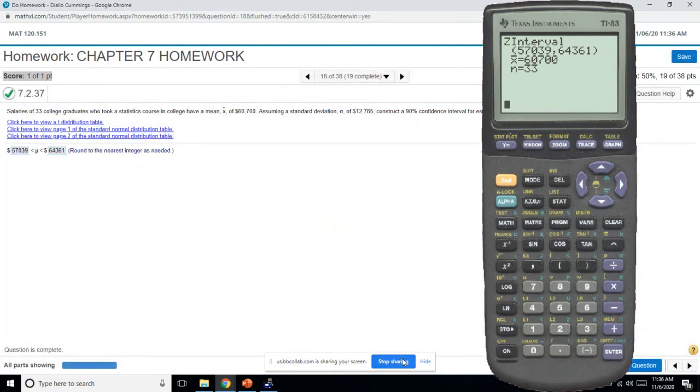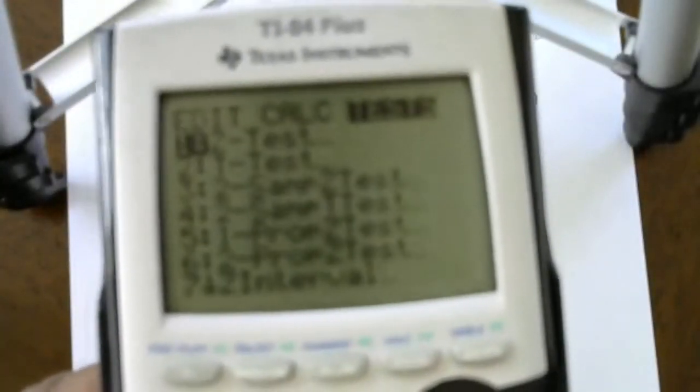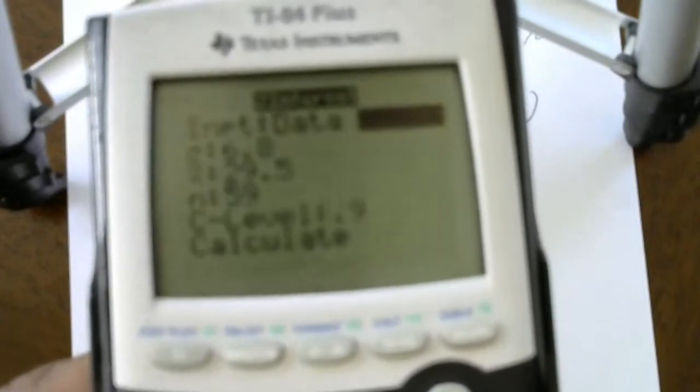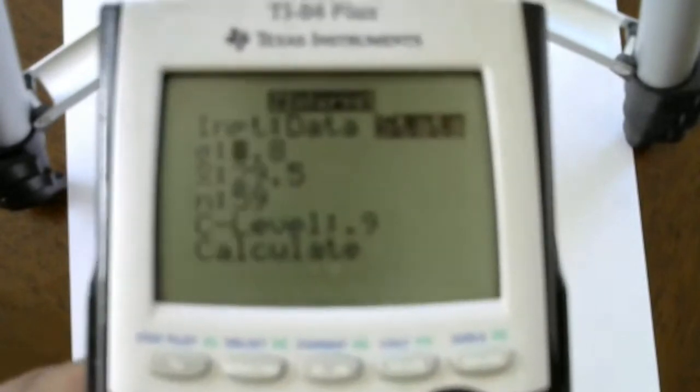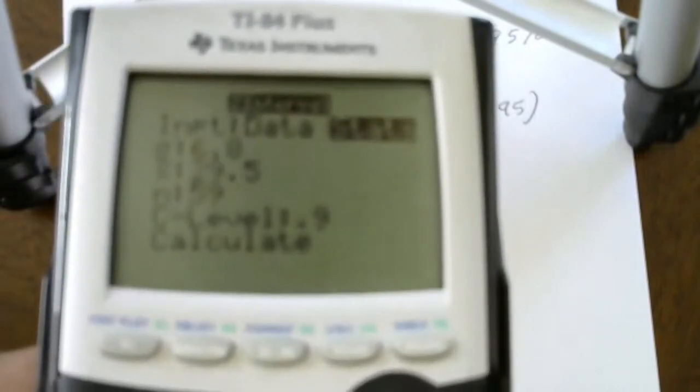I'll also do the same thing on the TI-84. So I'm going to go into statistics. We want test. I'm going to select Z interval. I'm going to put in the statistics.